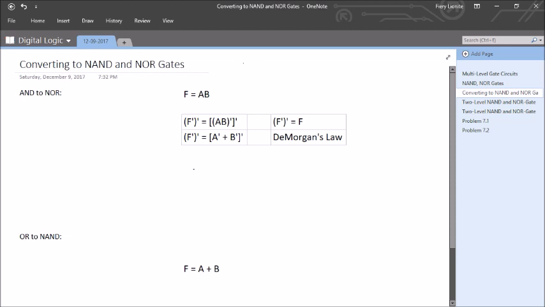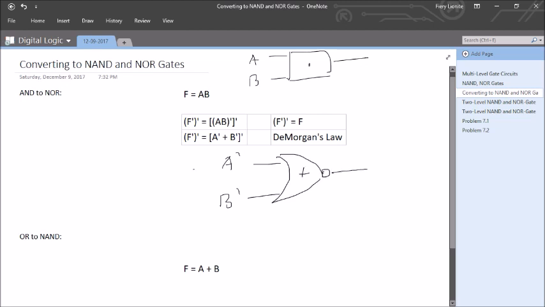A times B is a normal AND circuit, and A prime plus B prime and prime is a NOR circuit. So A prime, B prime, NOR circuit with an inverter. This would be the NOR circuit.